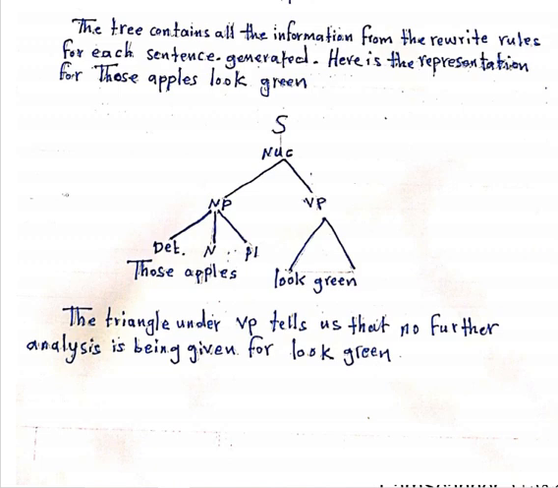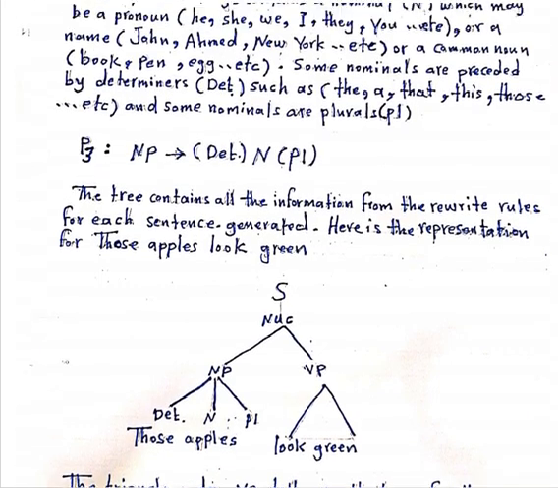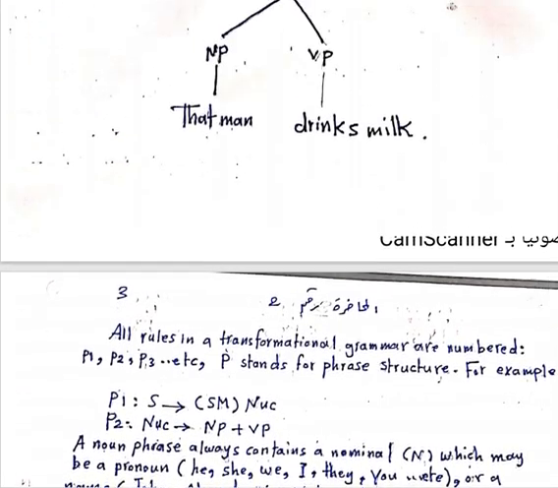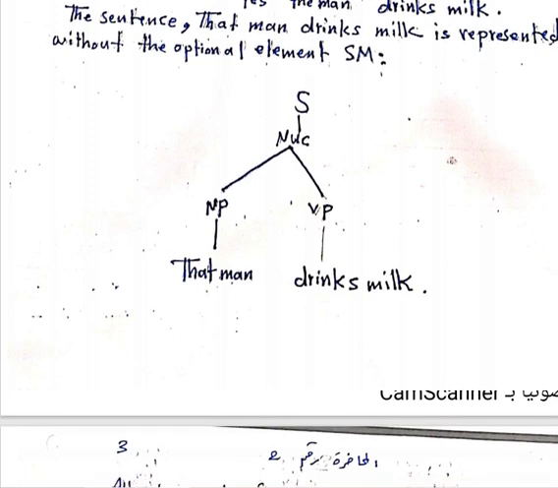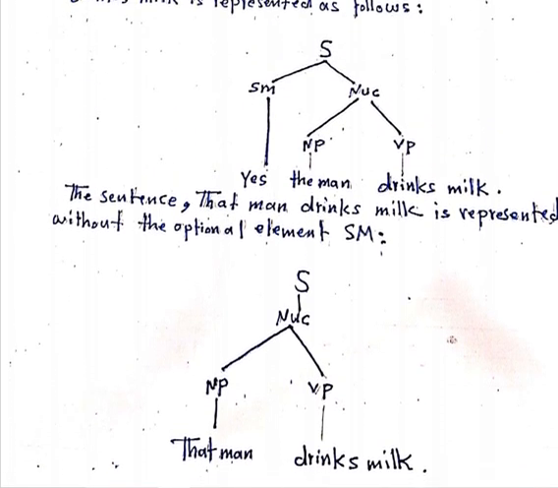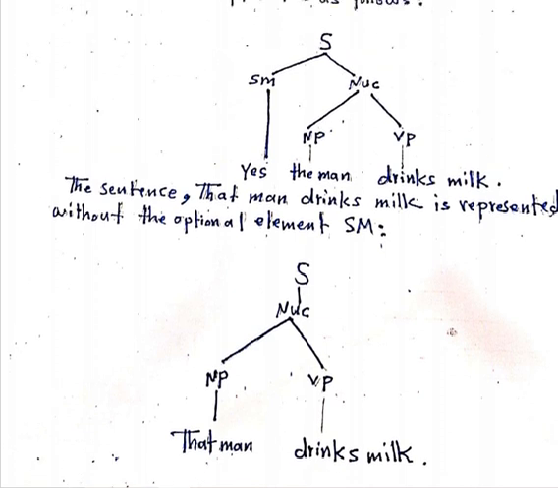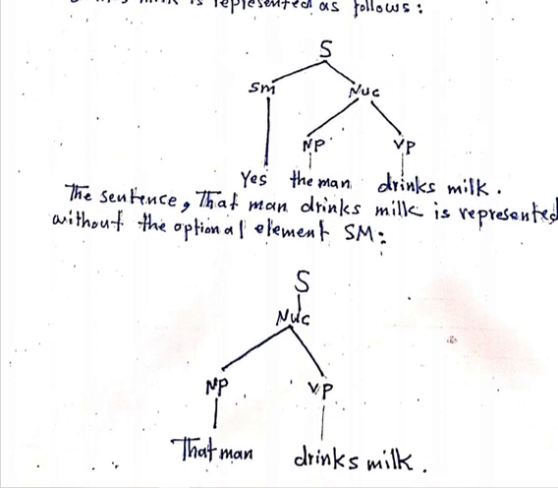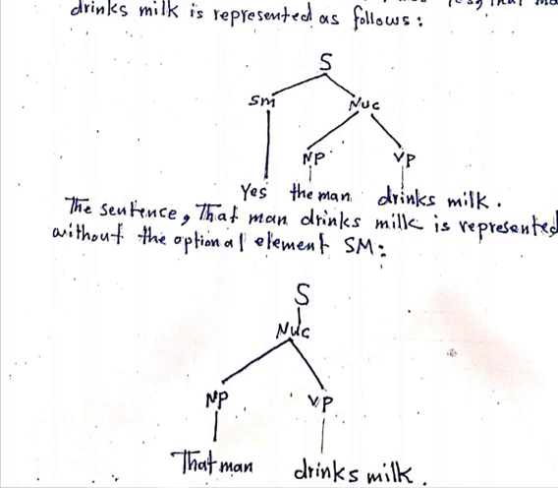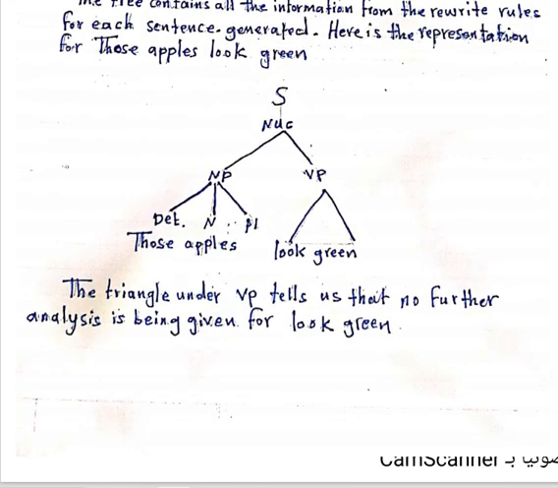In this tree, we get phrase structure 1, phrase structure 2 and phrase structure 3, all of them which we mentioned above. But in the other diagrams, we do not get all of the phrase structures, while in this tree we will get all the phrase structures.